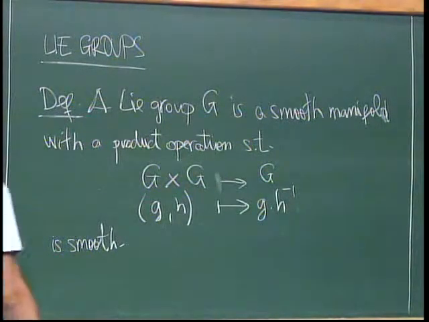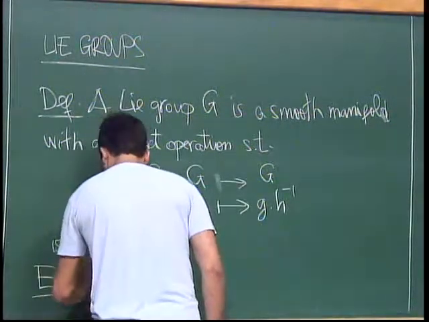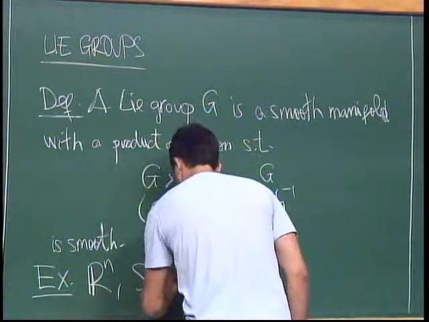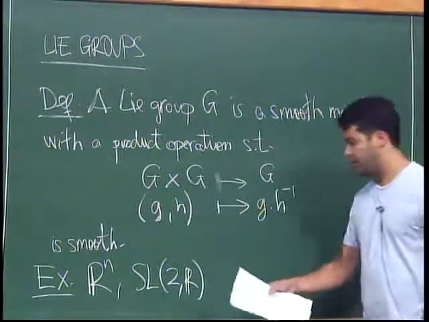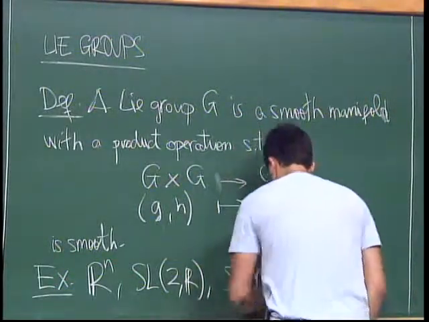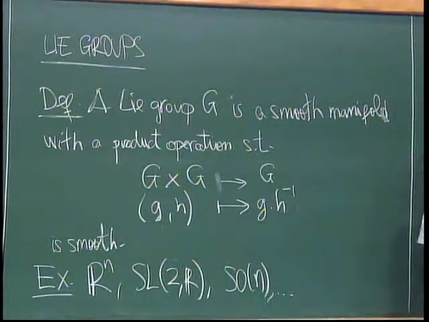For example, R^n, or as we saw yesterday, SL(2, R), or you could consider any special orthogonal group, SO(n), and so on. Okay?